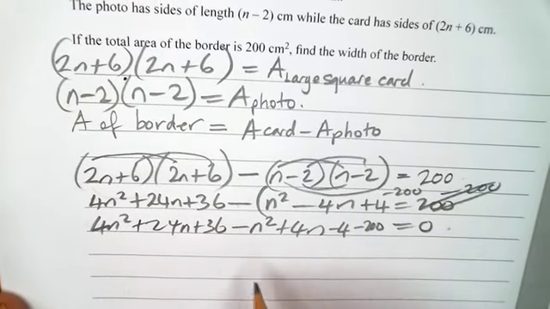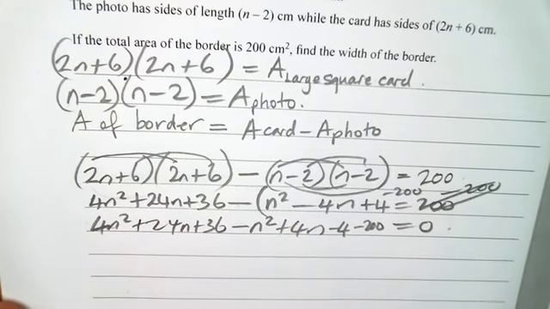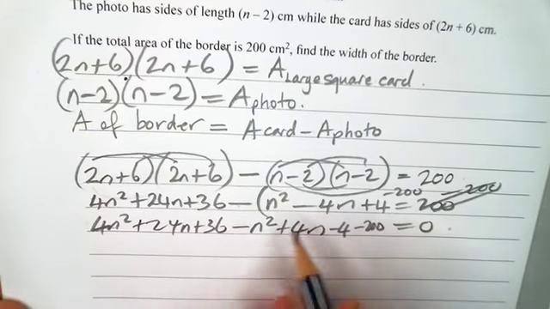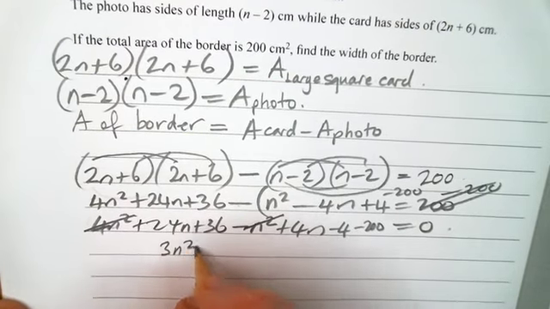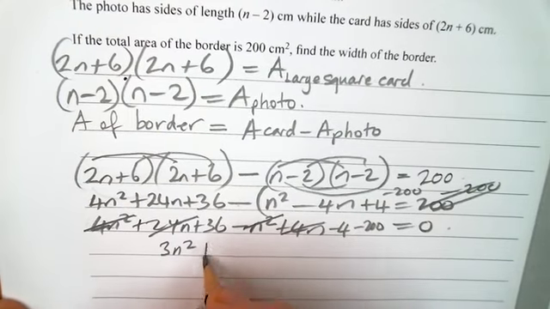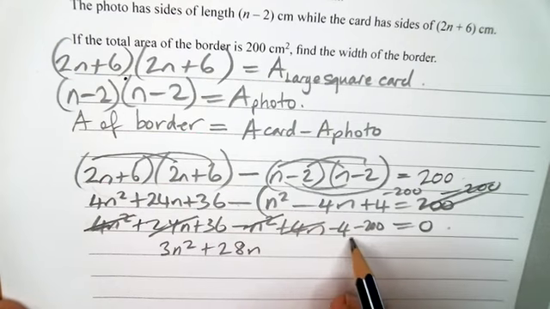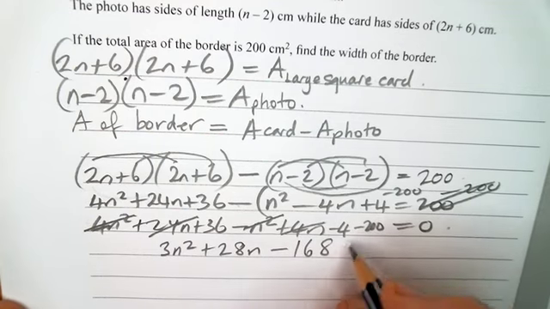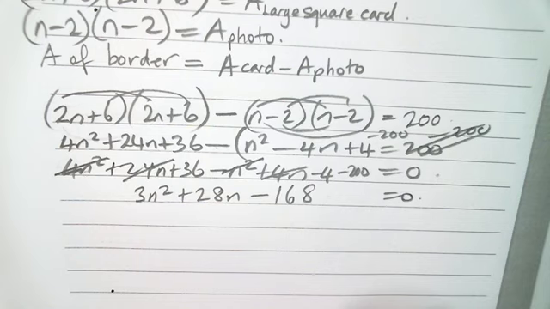Let's just do this on the calculator. 4n squared minus n squared is going to be 3n squared. 24n and 4n is going to be plus 28n. And I've got 36 minus 4 minus 200, which is minus 168. I want to keep the zeros under each other. So that is our new equation.